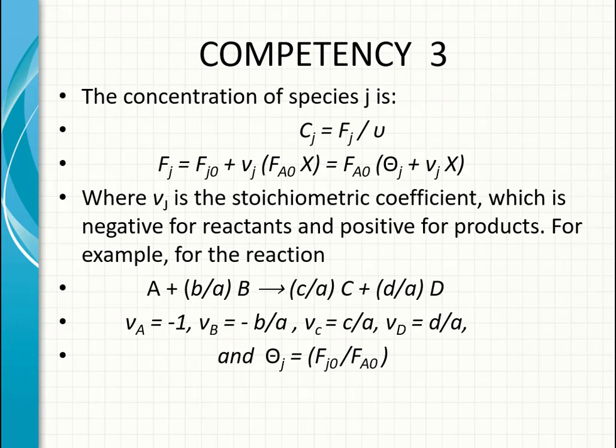For example, for the reaction capital A plus the ratio of the coefficients b and a times capital B gives the ratio of the coefficients c and a times capital C plus the ratio of the coefficients d and a times capital D. Here, nu of A is equal to -1, nu of B is minus b divided by a, nu of C is c divided by a, and nu of D is d divided by a.